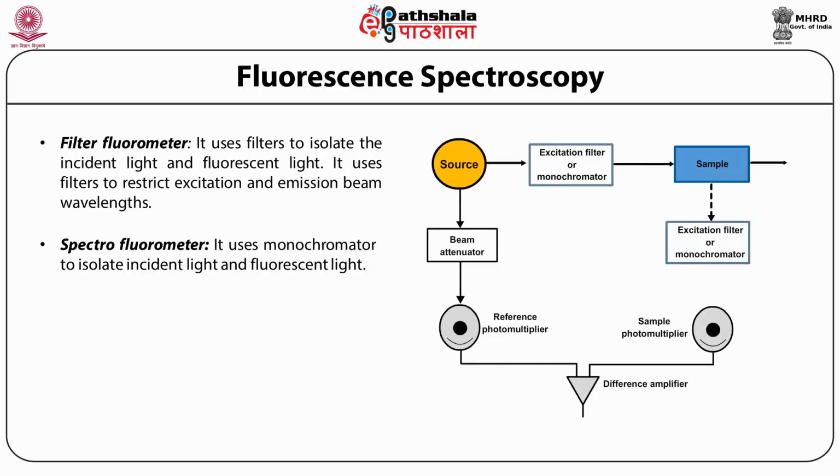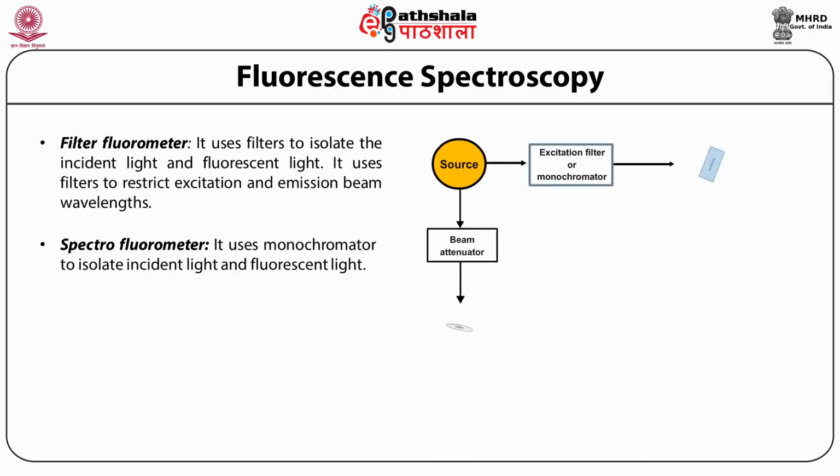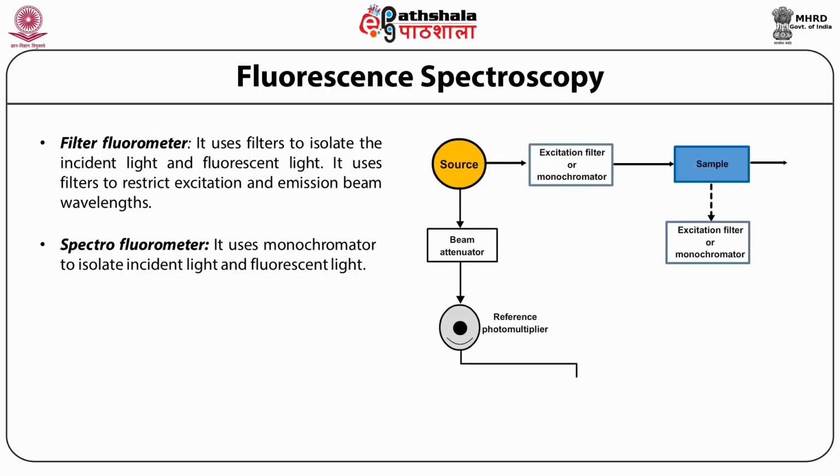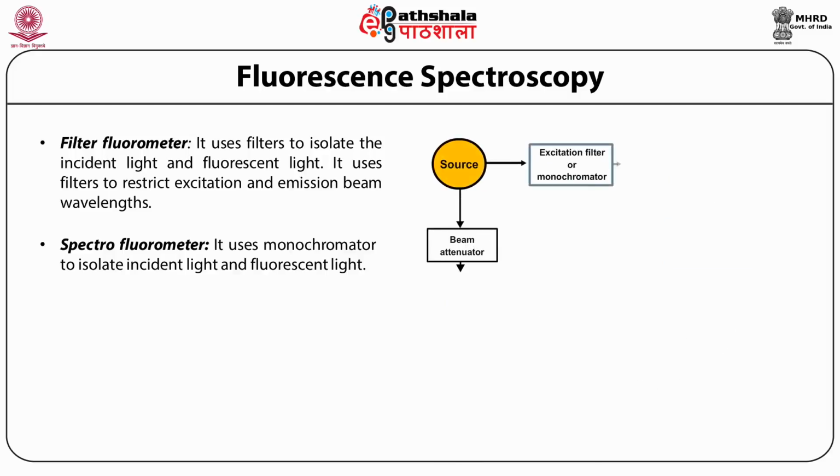The orthogonal arrangement ensures minimum leakage of excitation light into the detection site. High sensitivity photodetectors such as photomultipliers or charge coupled device cameras are commonly used.